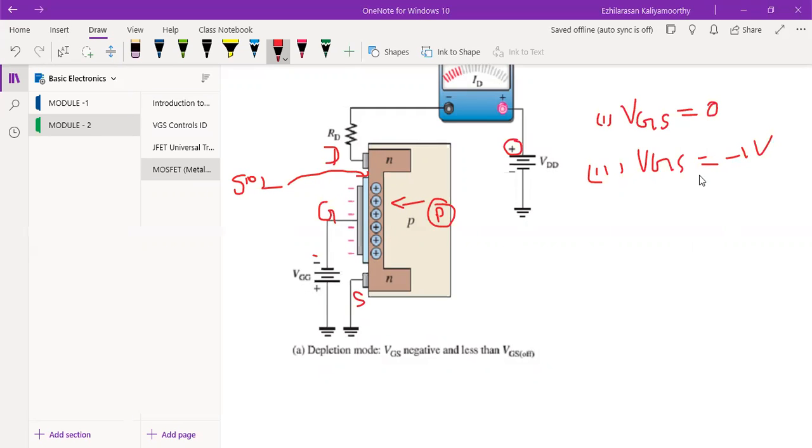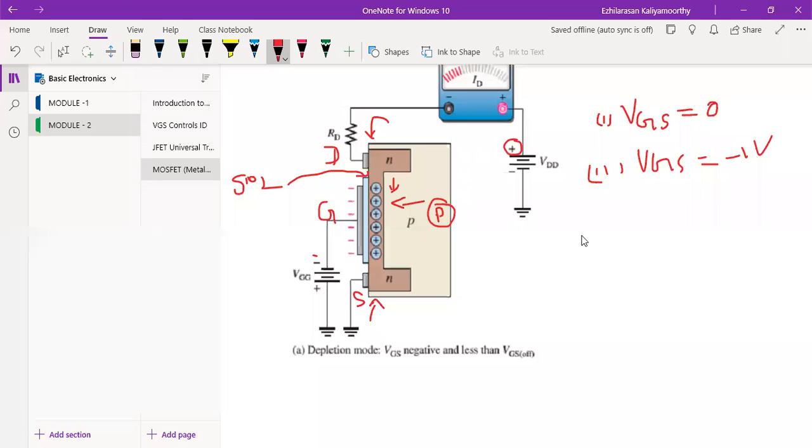If I start to apply a negative voltage here, then from the drain it will start to flow. So a certain amount of drain current ID will flow from source to drain.